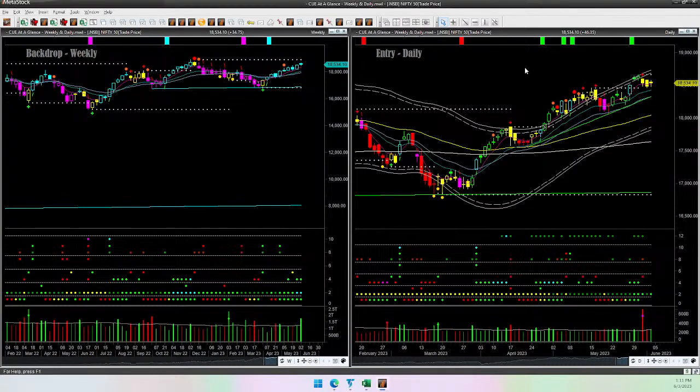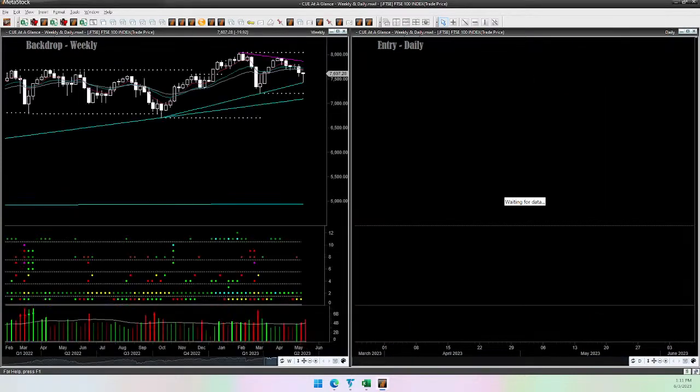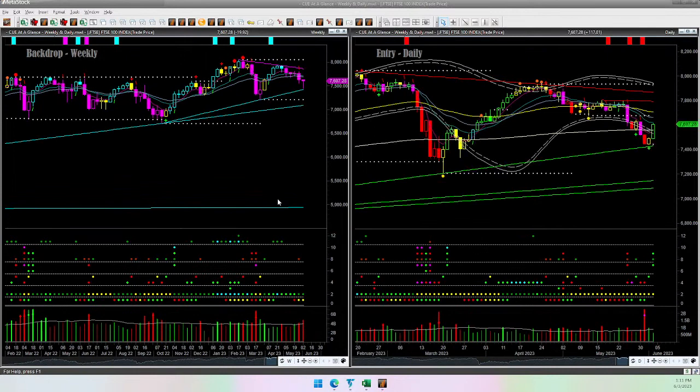Next, UK's FTSE index. FTSE index is also inside a triangle pattern in both weekly and daily. However, it is not in a triangle similar to the Australian market.